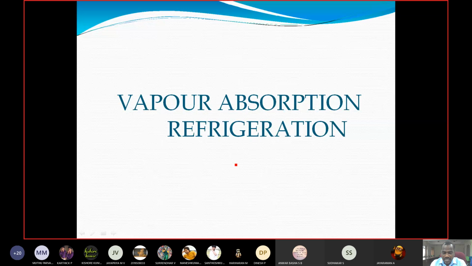The thing is, we need to transfer heat at low temperature, while the surrounding temperature is already higher than the low temperature of the system, right? We can look at the vapor absorption refrigeration type in the next class.